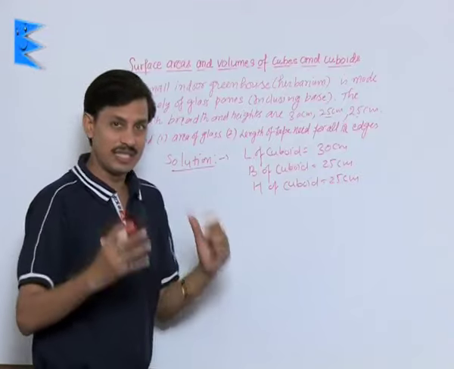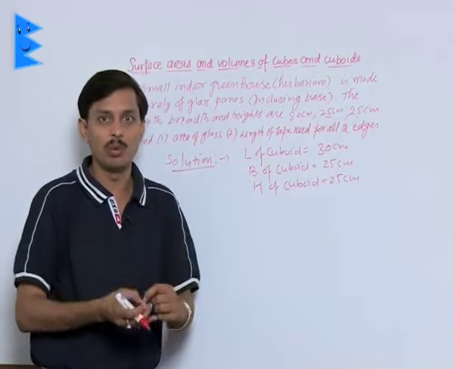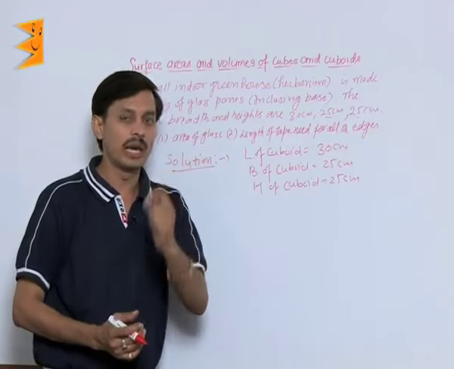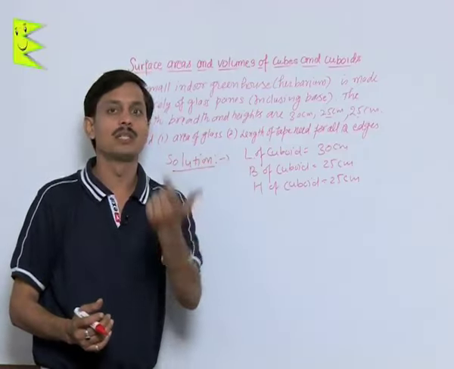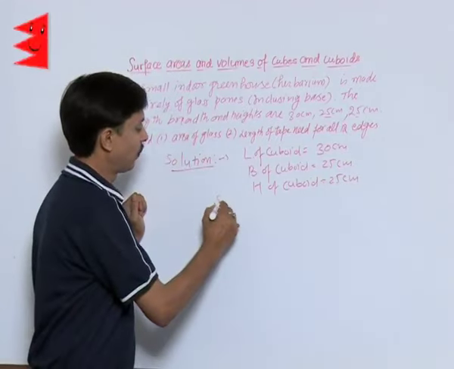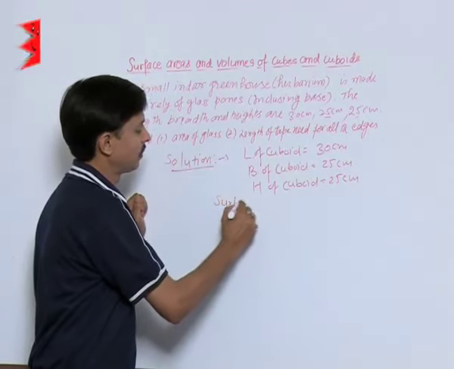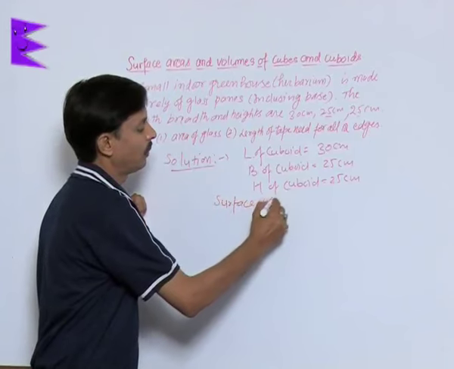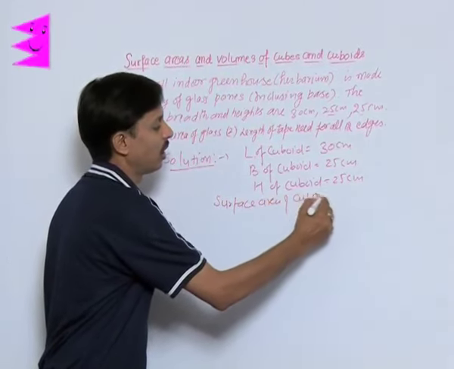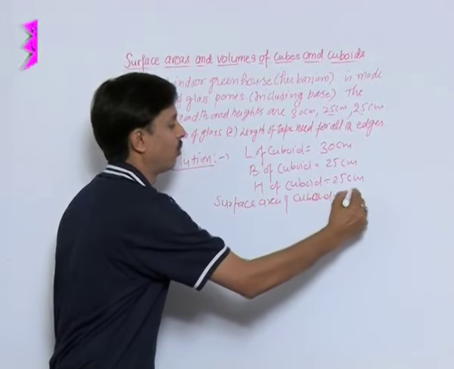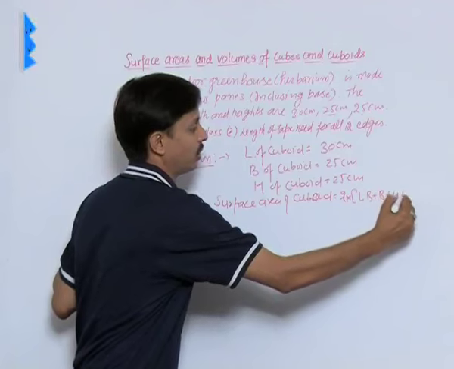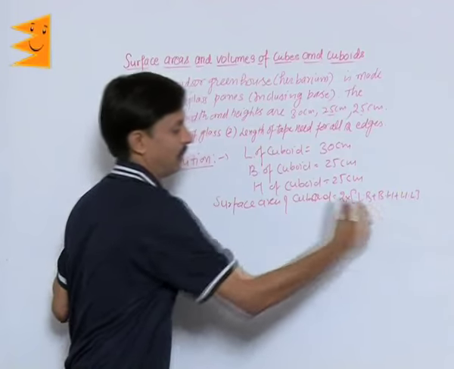Because all 6 surfaces of the cuboid are made up of glass, I want to calculate the total surface area of all 6 faces. The surface area of a cuboid is given by the formula 2 into (L into B plus B into H plus H into L).